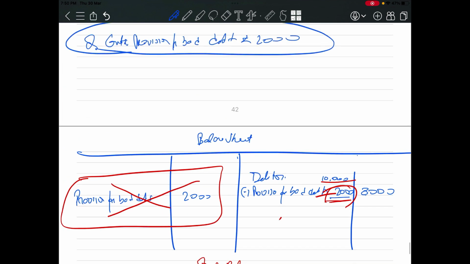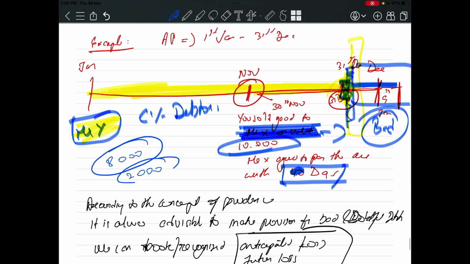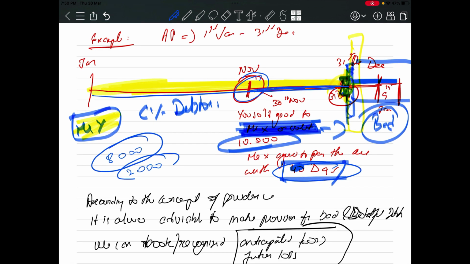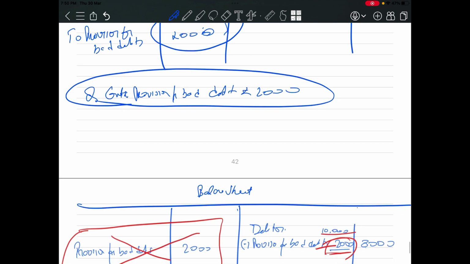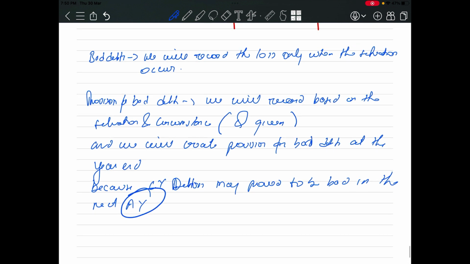Simple. We have sold goods during the current accounting year. Now you will receive payment next accounting year, because the payment term was 30-40 days, right? Now this year's debtors may prove to be bad in the next financial year. So this is the main concept of provision for bad debts. Simple and easy, right? If you understand, things are very easy.